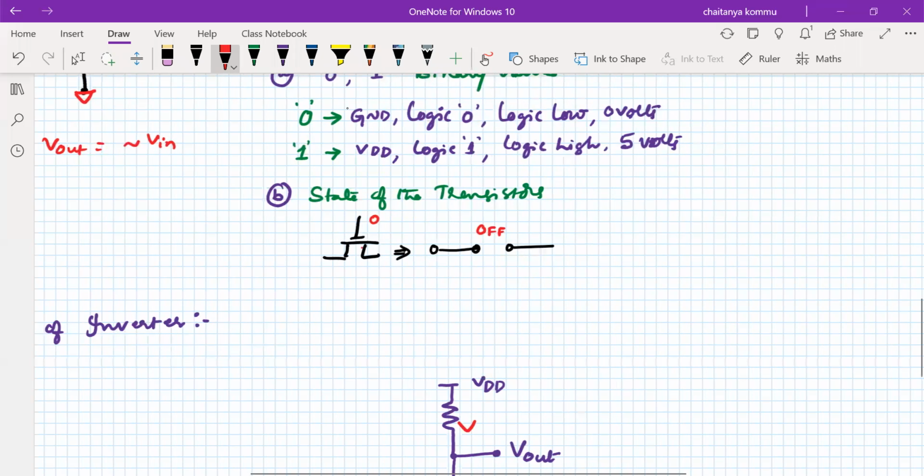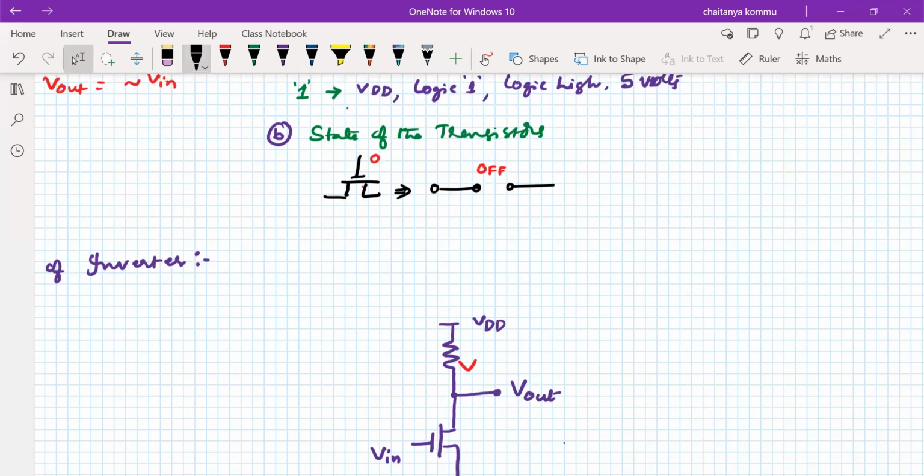Similarly, if you apply logic 1 to an nMOS transistor, it will be considered a short circuit, and it will be considered on. So that's the first thing we have to understand. What happens for an nMOS transistor if you apply logic 0? What happens if logic 1 is applied?